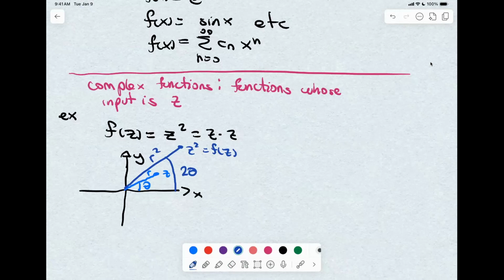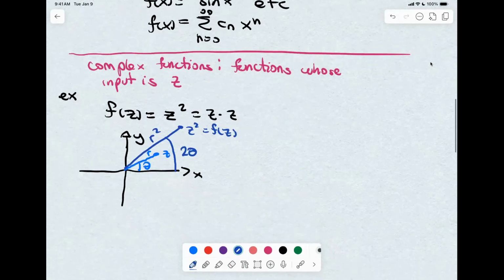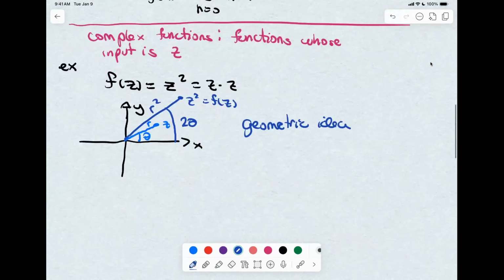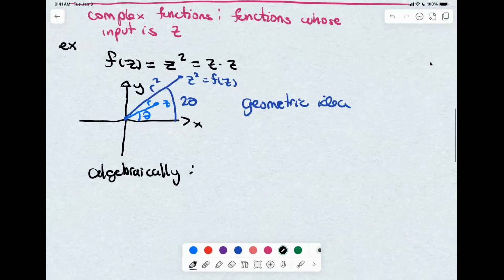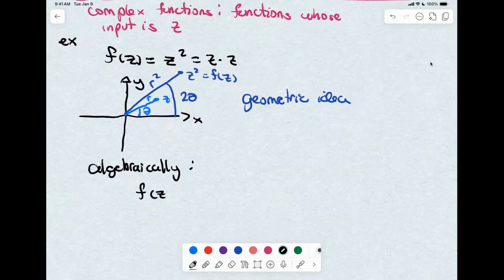Another way to think about it, more algebraically, is what is z squared in terms of x and y. This was a geometric idea of what's going on, but from the algebra perspective, you could ask what is z squared? I told you that you can write a complex number as x plus y times i.